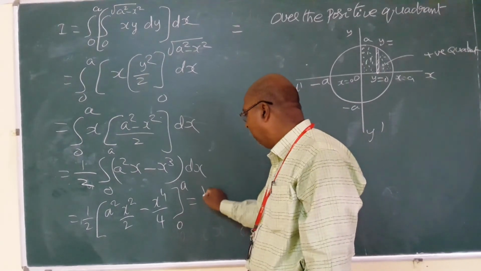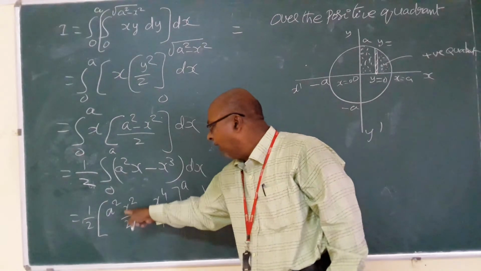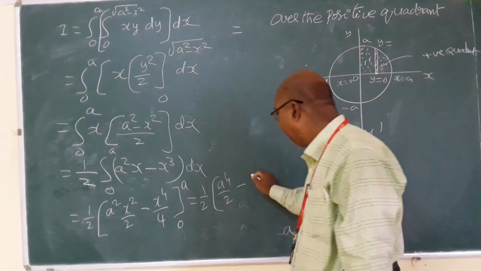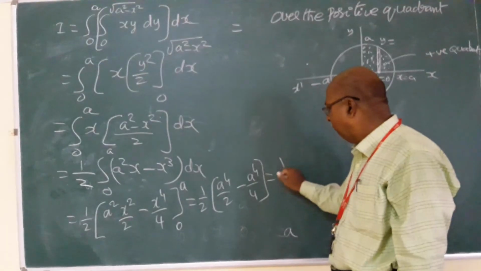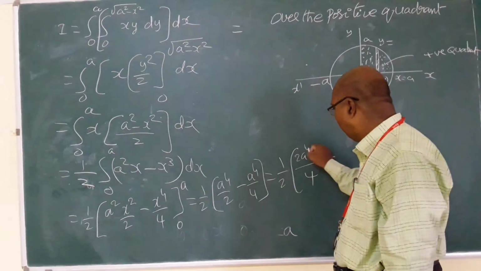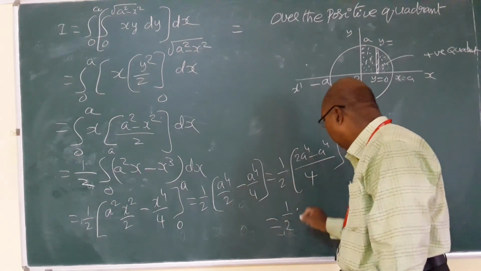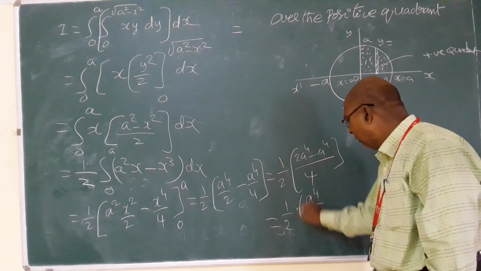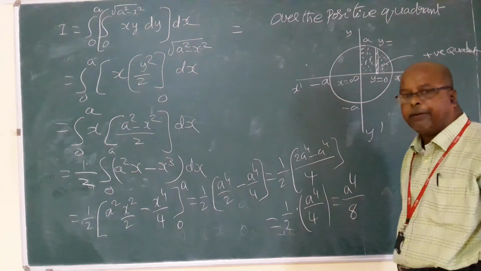Substituting the upper limit, 1 by 2 instead of x into a square into a square a power 4 by 2, minus a power 4 by 4. Taking the LCM 4, this is equal to 1 by 2 into 2a power 4 minus a power 4 by 4. Finally this is a power 4 by 8.